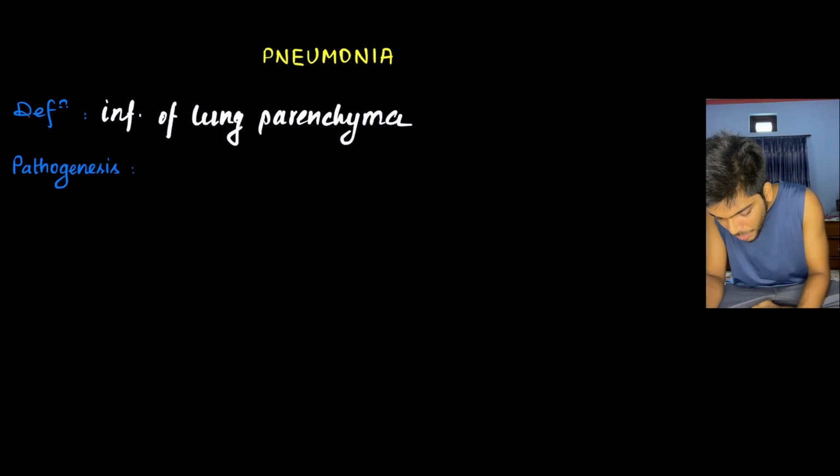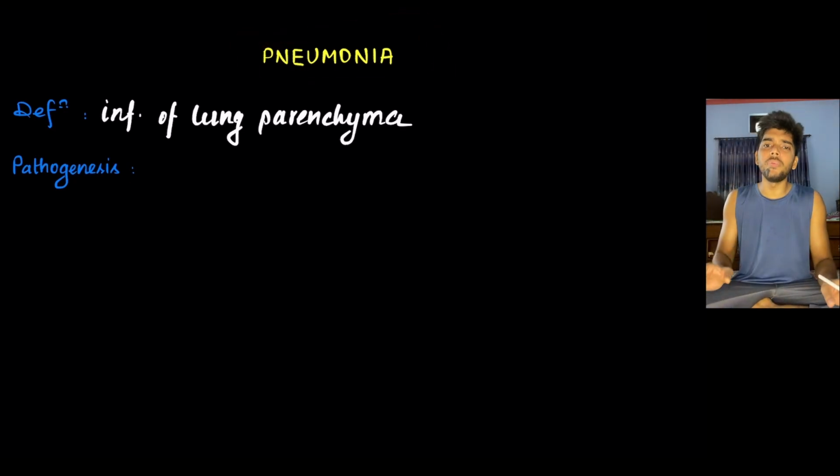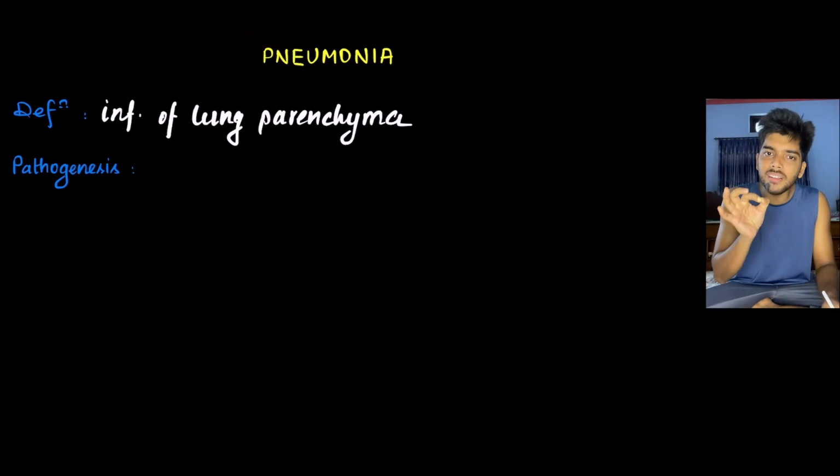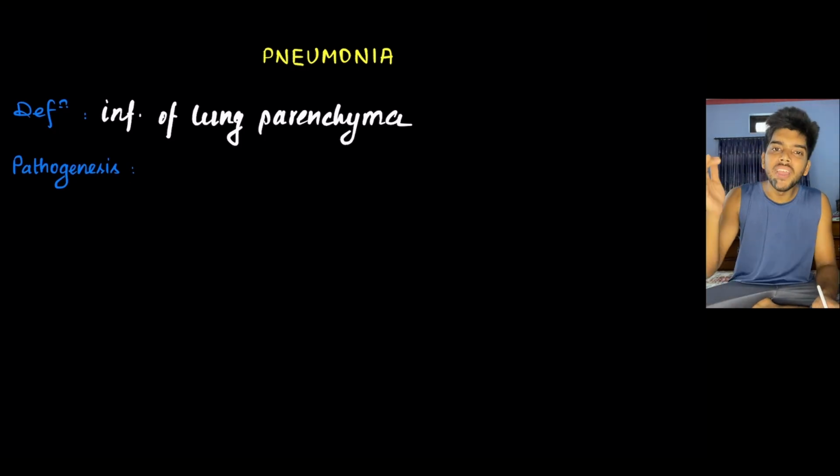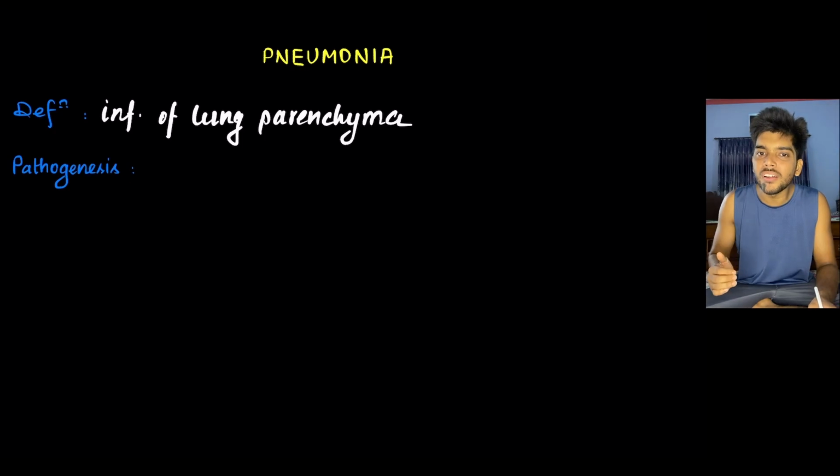See, pneumonia is a really easy topic if you know the basic concept from general pathology, because you are going to use your concept about infection, your body's ability to fight against this infection, and most importantly, the various steps that you learned under the topic of inflammation.